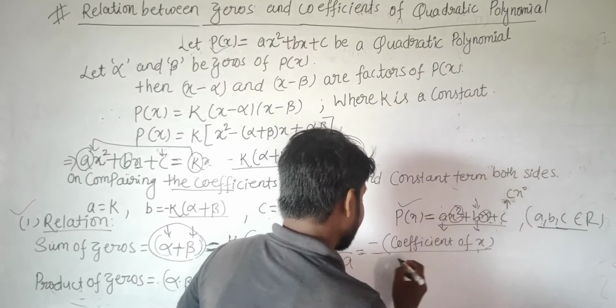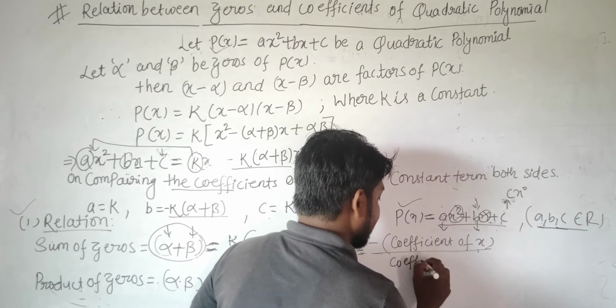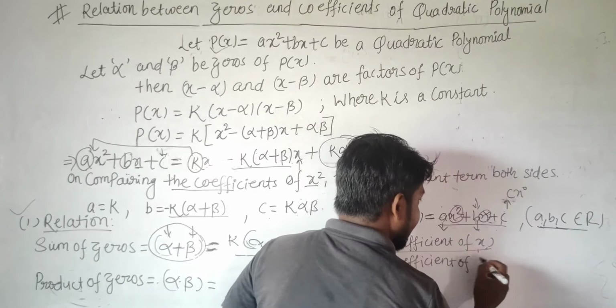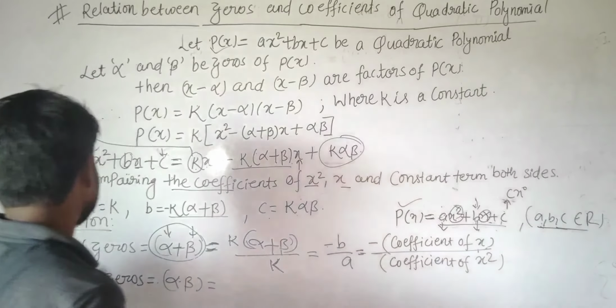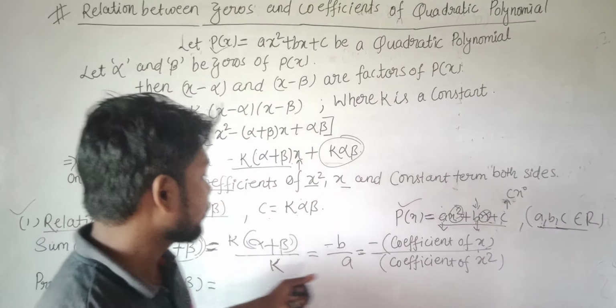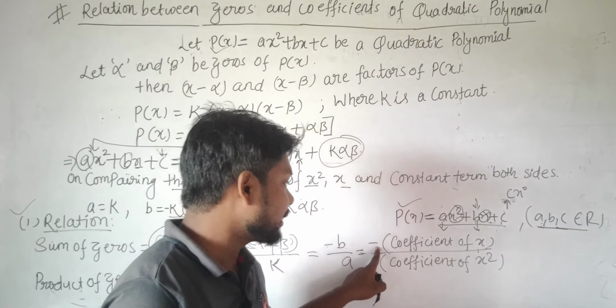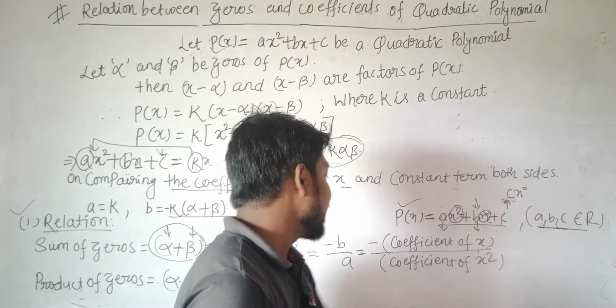So the sum of zeros, alpha plus beta, is minus b by a, that is, minus coefficient of x upon coefficient of x square.